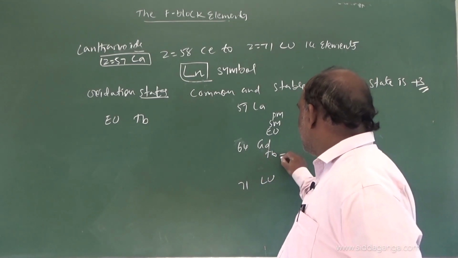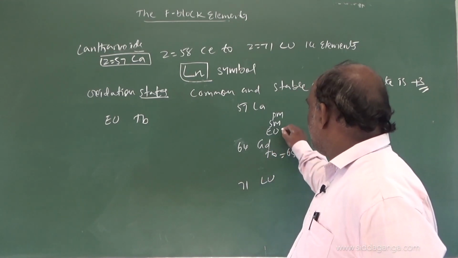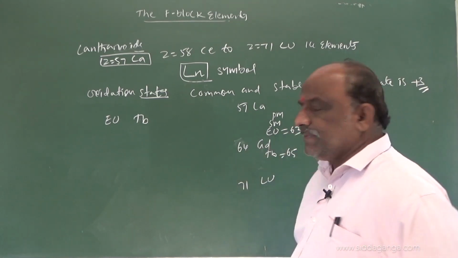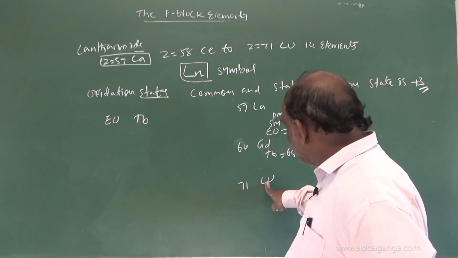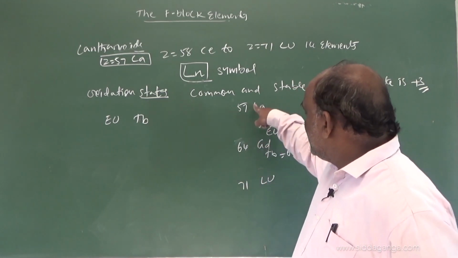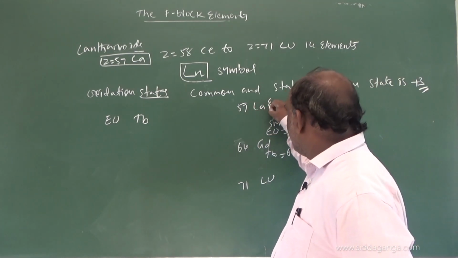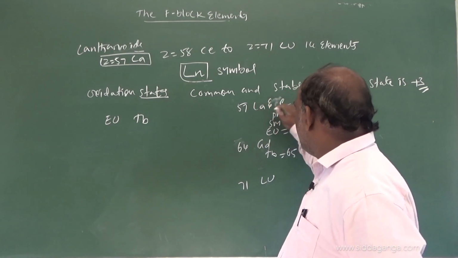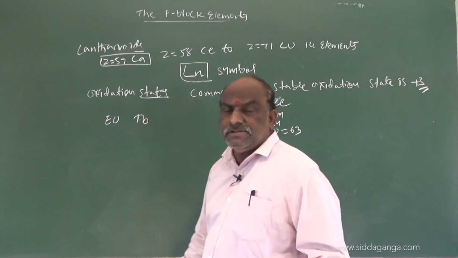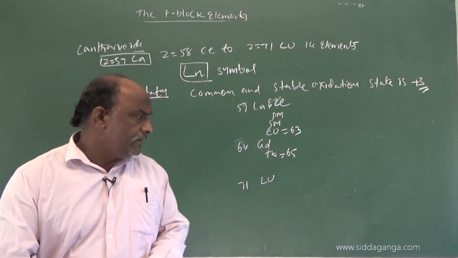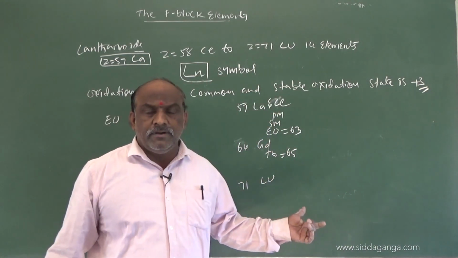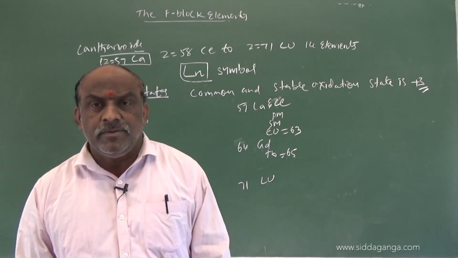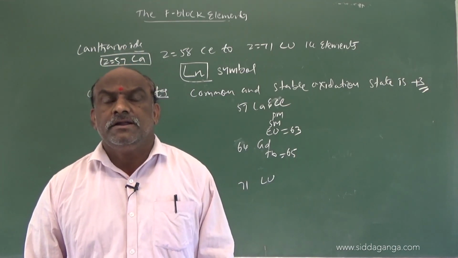So gadolinium atomic number 64, europium atomic number 63. Remember this: except lanthanum, cerium, gadolinium and lutetium, d electrons take place. The remaining elements don't contain d electrons.